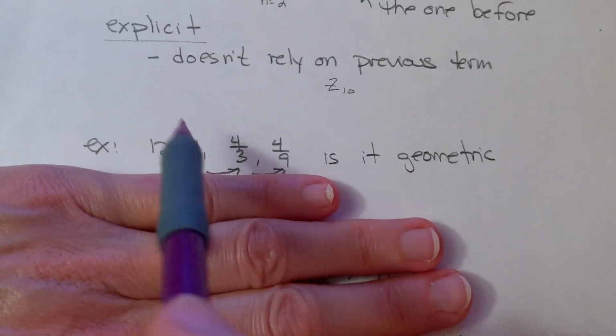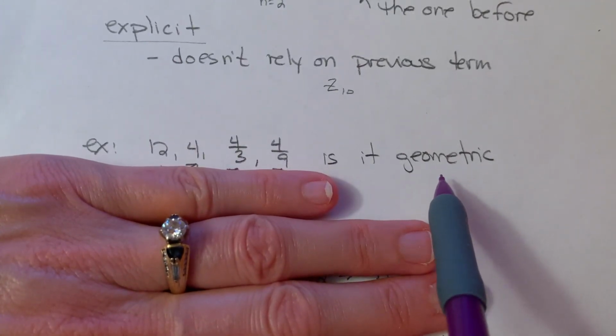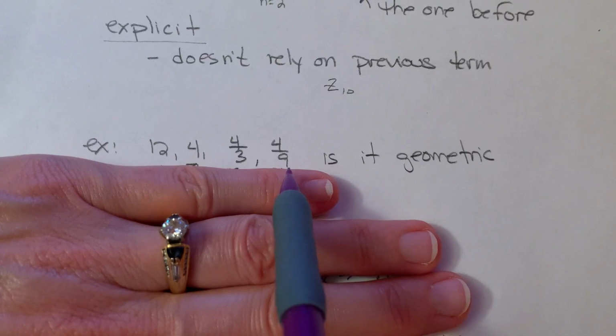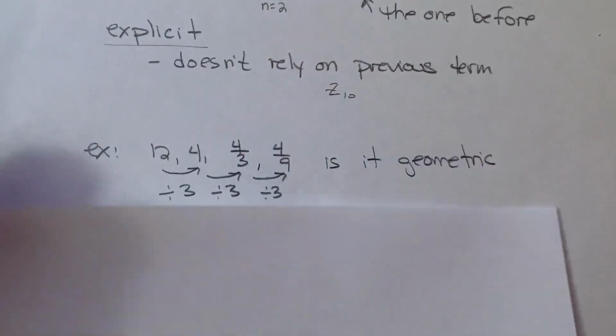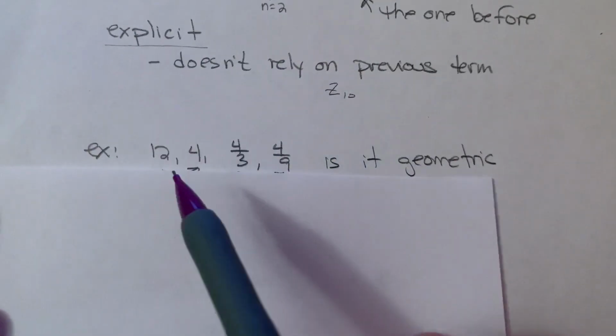They would give you the list of numbers and ask you, is it geometric? Remember, if it's geometric, you're multiplying by the same number every time, or sometimes you can think about it as dividing by the same number every time. So pretend you were just given this. I'm going to cover up what I wrote there.